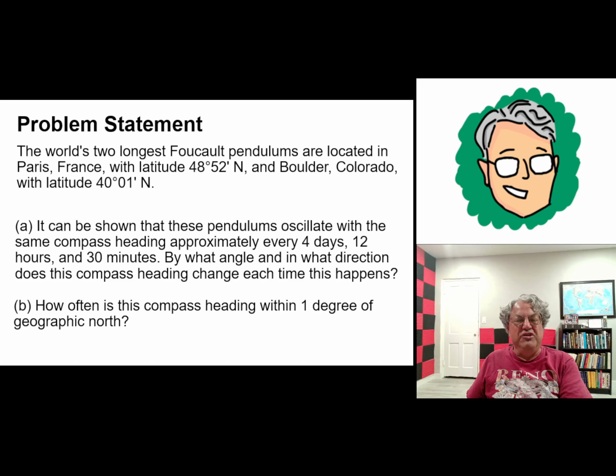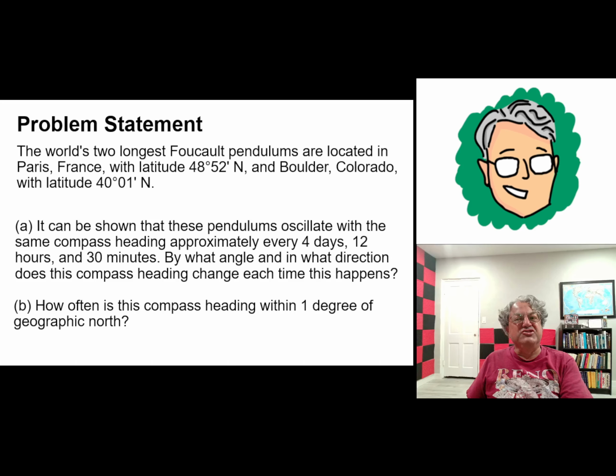If they agreed at one time, they wouldn't agree a short time afterwards, because the planes of oscillation are rotating at different rates. But since they're going in a circle, they have to agree again after a certain amount of time. The difference in the angle has to get up to 180 degrees, and once it does, they're oscillating in the same direction again. We only care within 180 degrees because they go back and forth.